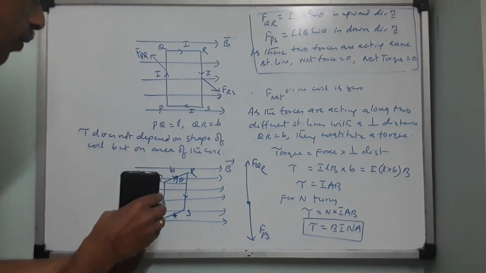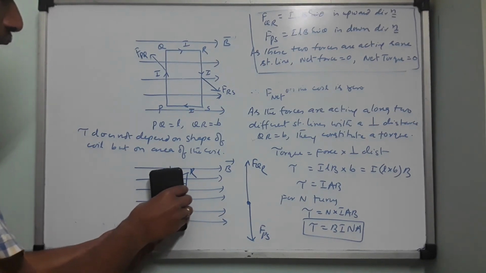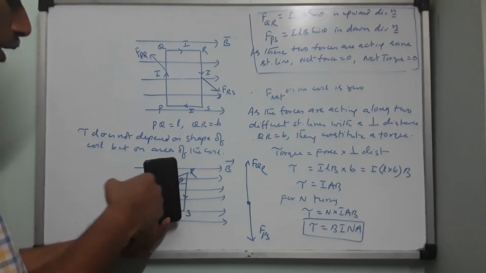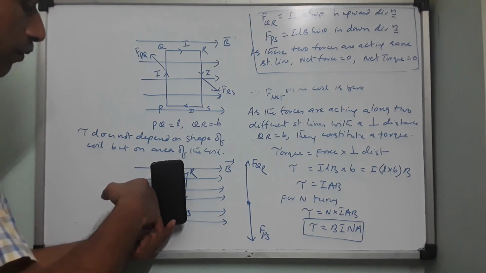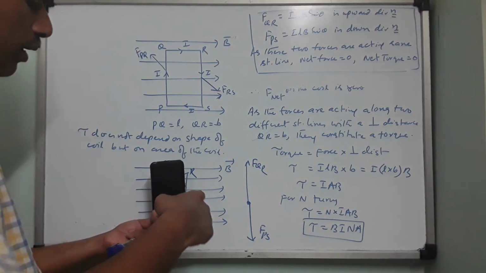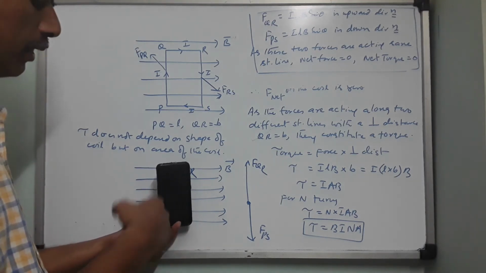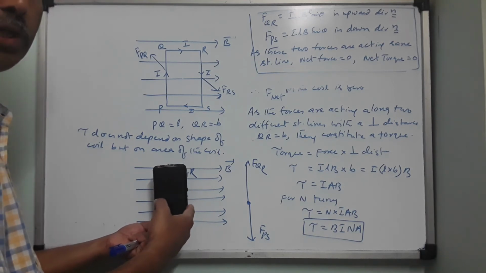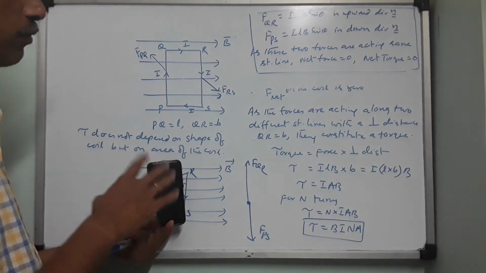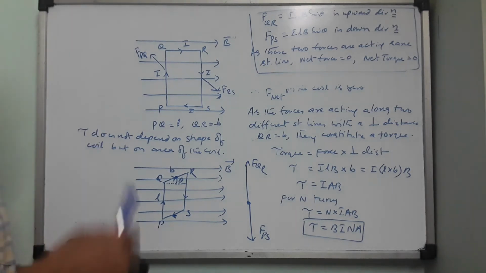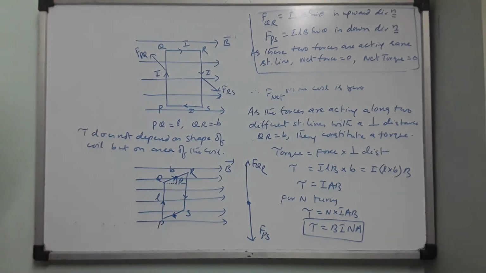0. Now when you come to this position, FPQ will be into the plane of the board, and FRS will be normally out of the plane of the board. Nothing has changed, the theta value has not changed, so these two forces will still remain the same. How much?